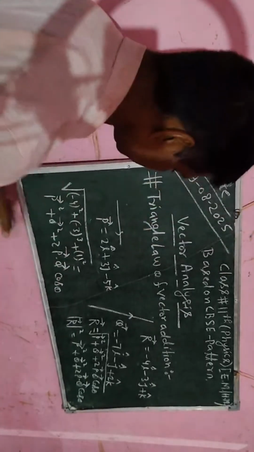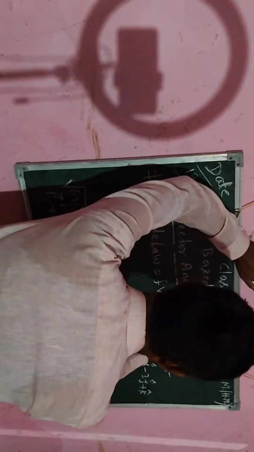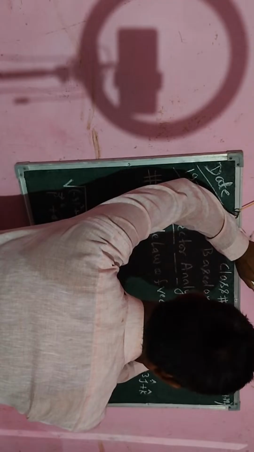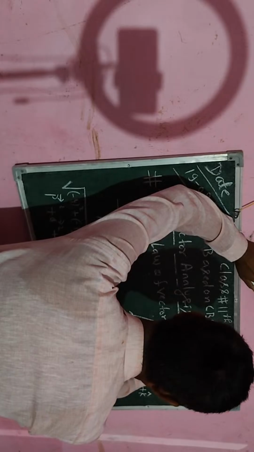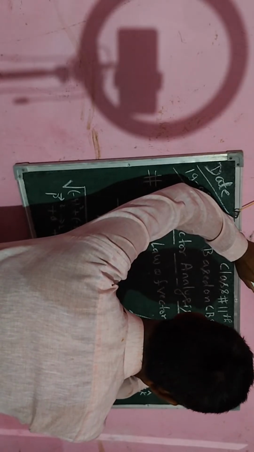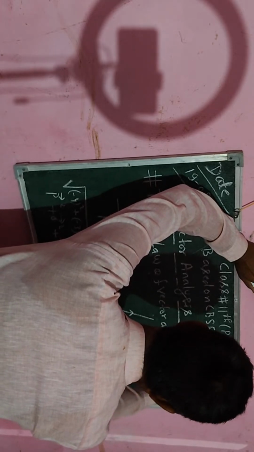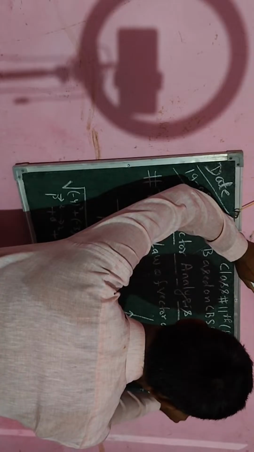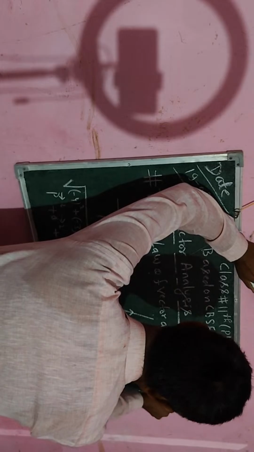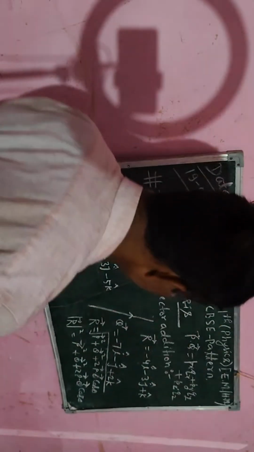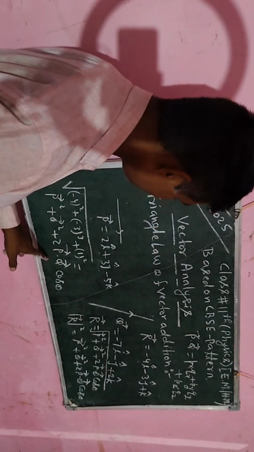So for vector P and vector Q, we will get the dot product of two vectors, that is the dot product of vector P into vector Q, that I will write as Px and Qx plus Py into Qy, and then I write Pz into Qz, and its value I will write, and after writing I will substitute here, and then I will simplify. After simplifying I will get its value.